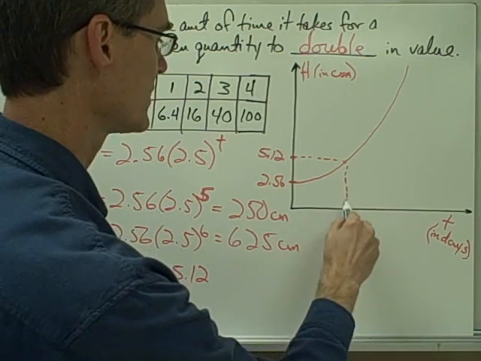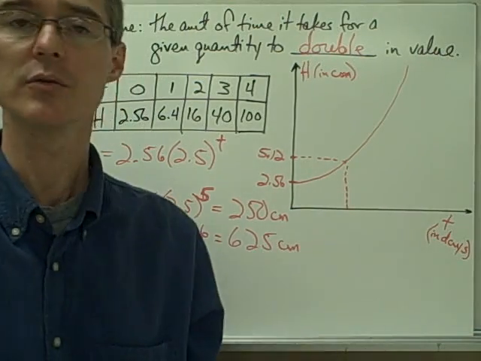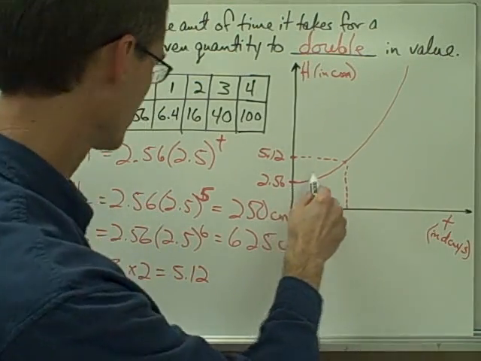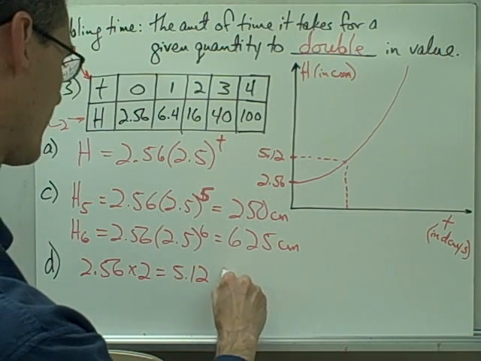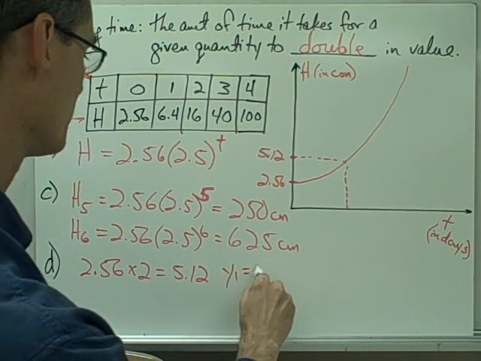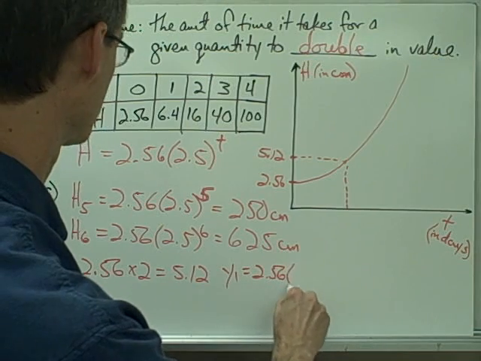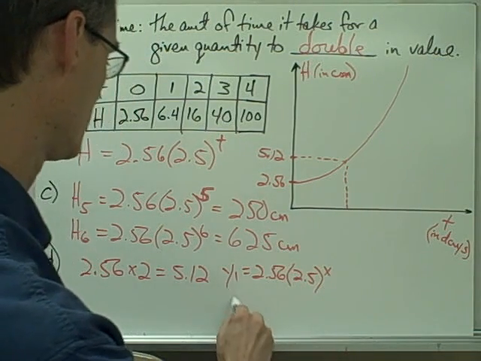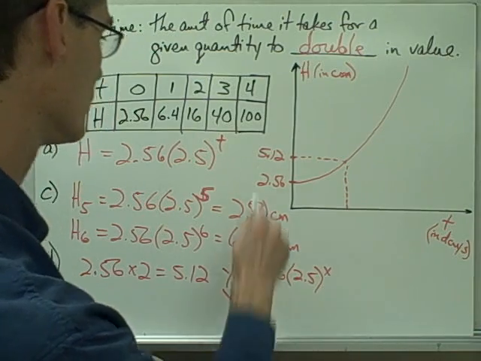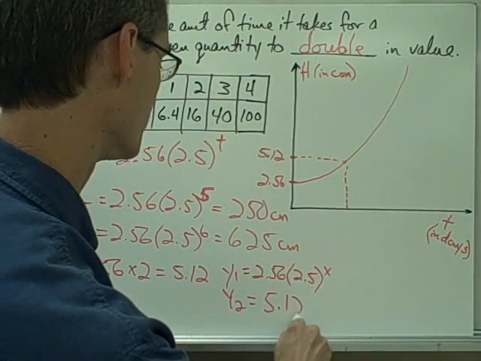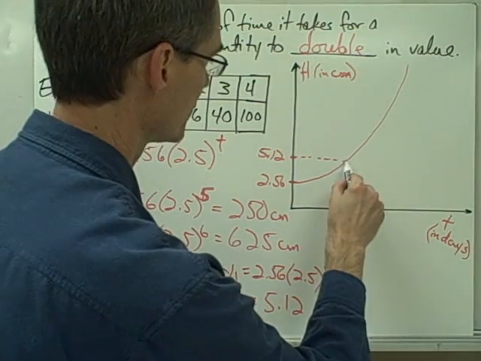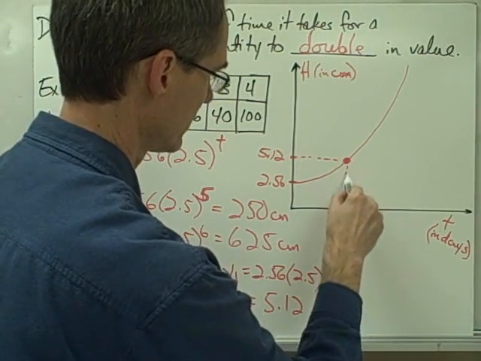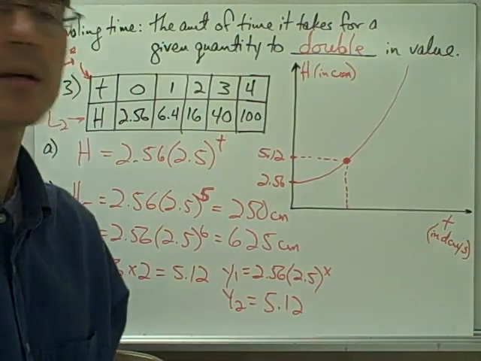And again, I'm going to use this same approach that I used with half-life. I'm going to enter into my calculator y1 equals my equation 2.56 times 2.5 to the power of x, and I'm going to enter y2 equals 5.12, and I want to know what's the value of t at this intersection point right here.